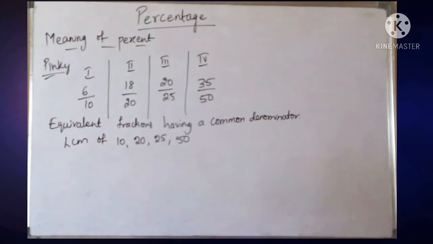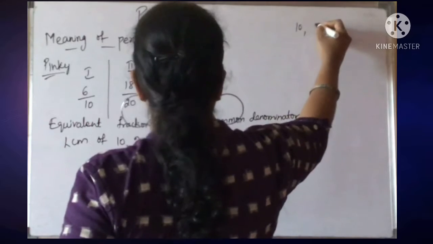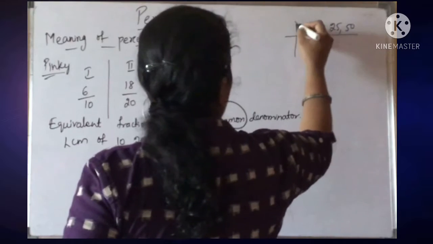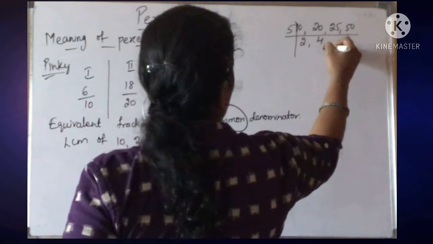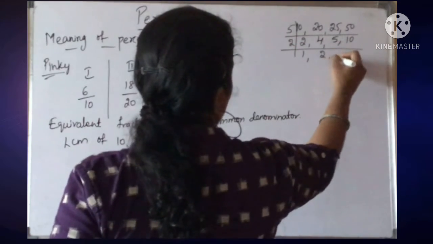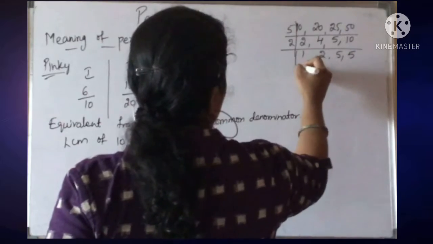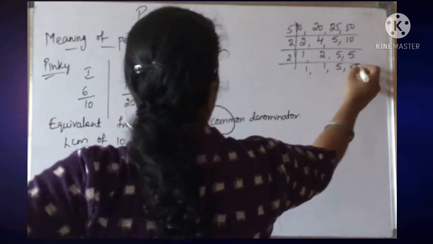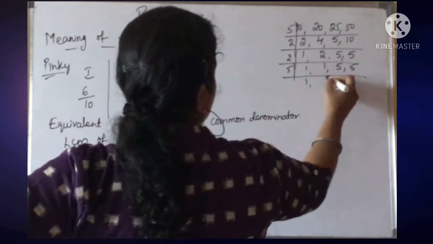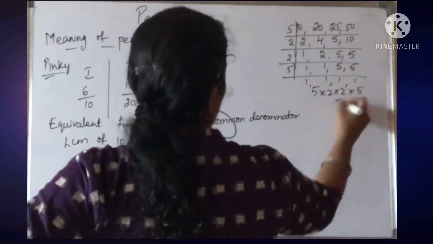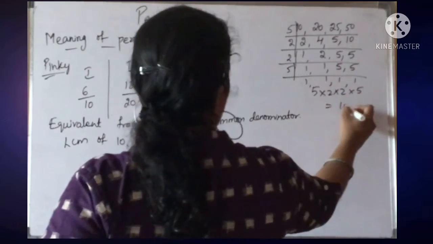If you find the LCM, how much will you get? Dividing by 5, 2, 2, 5 repeatedly, we get 5 into 2 into 2 into 5. 5 2s are 10, 10 2s are 20, 20 5s are 100.